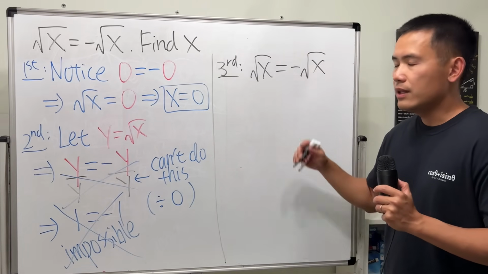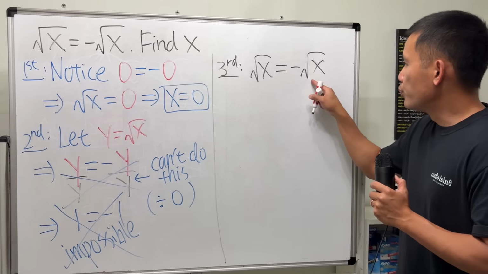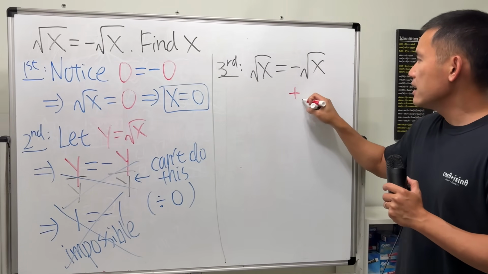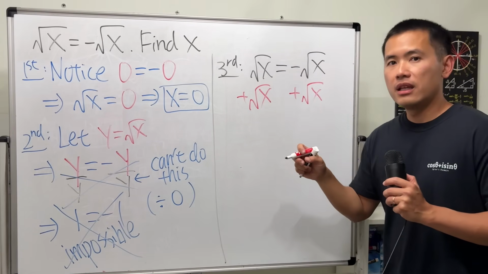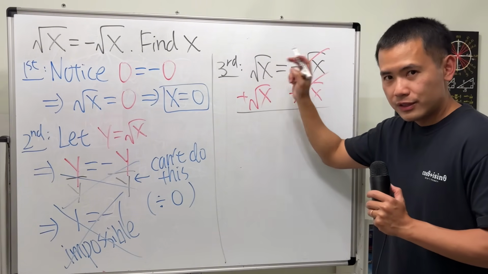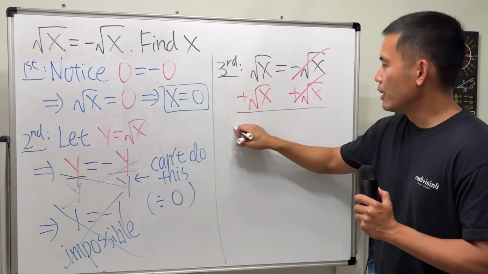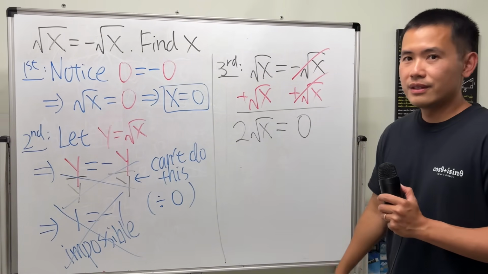And if you do that, you are actually dividing both sides by 0.